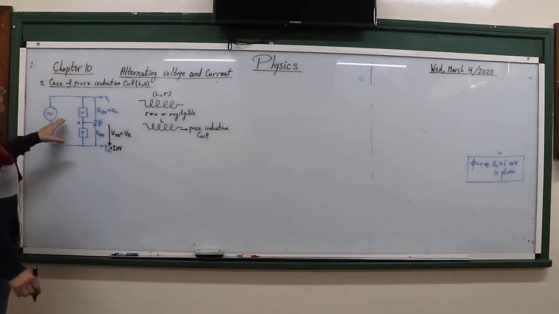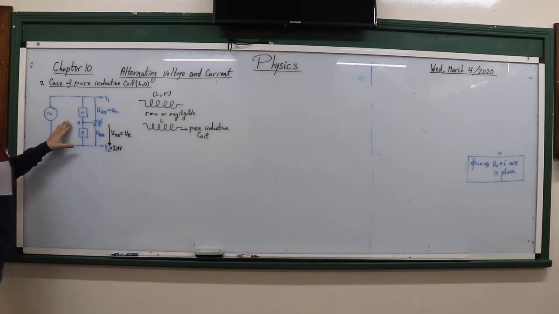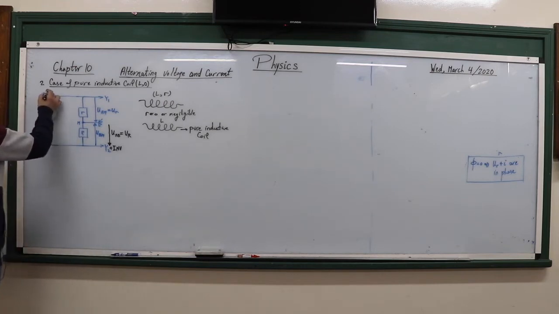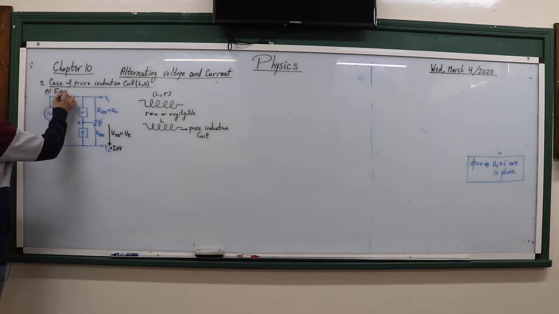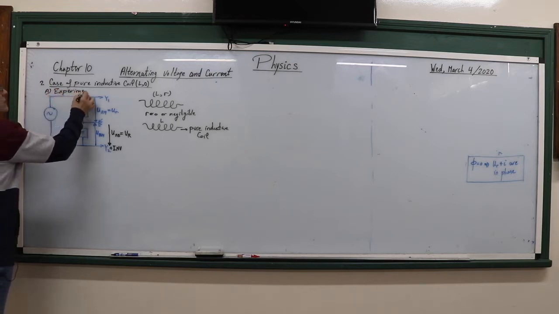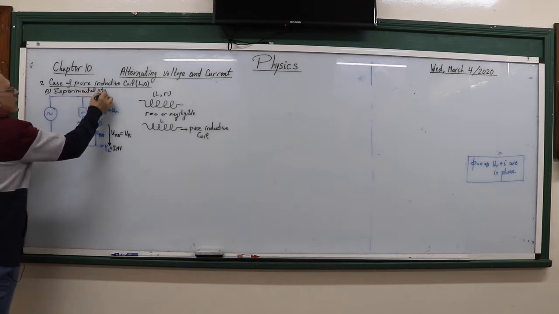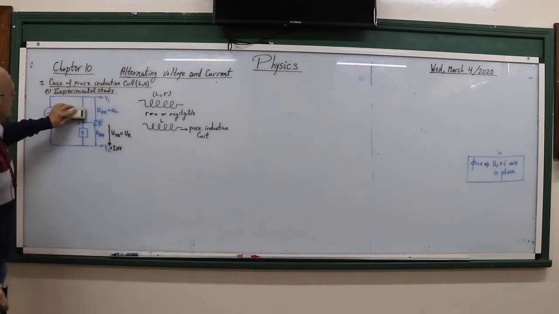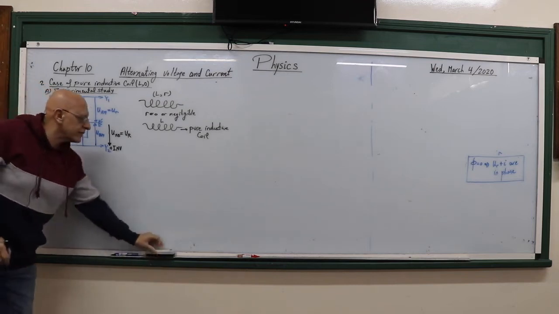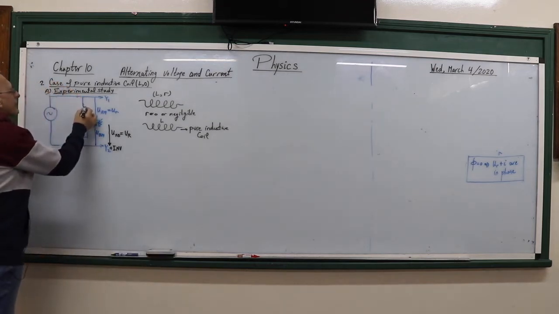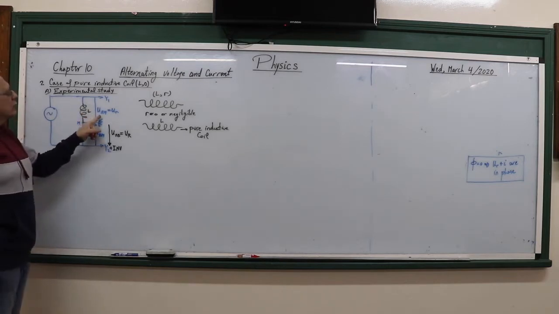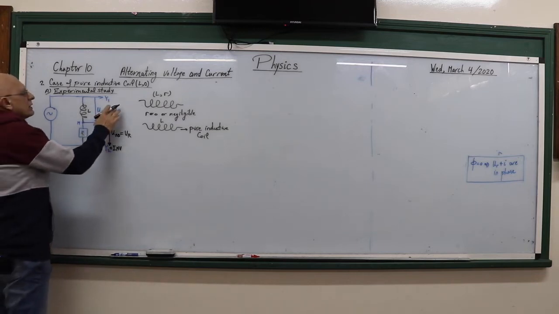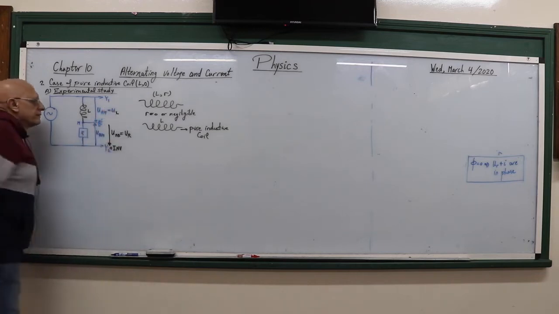What I am going to do here in the experimental study first, I am going to remove the resistor, the small r, and replace it by a pure inductive coil L. This is the pure inductive coil L. Now the voltage UAM, I am going to call it UL.